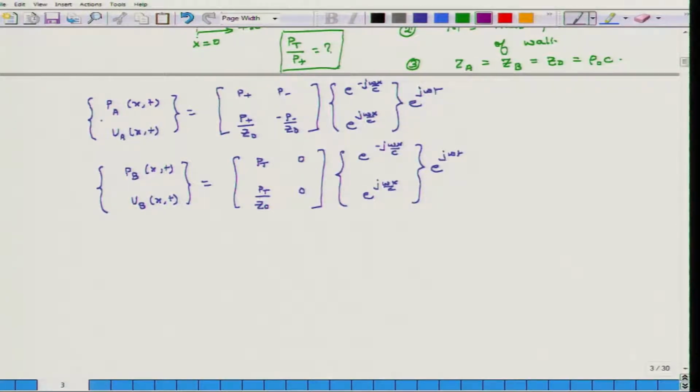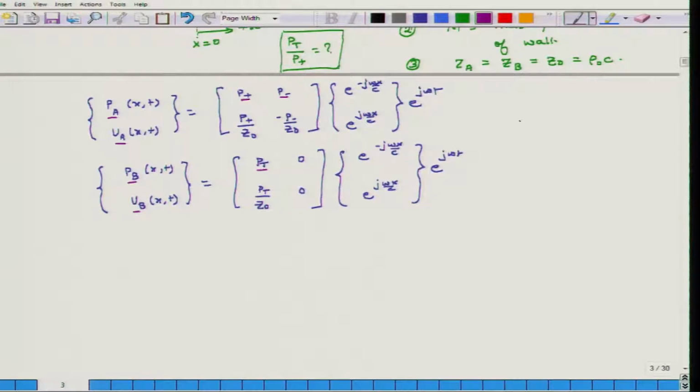So, the first set of equations is for side A, the second set of equations is for the transmitted side. These are a total of 4 equations, and the number of unknowns is, of course, we do not know PA, we do not know UA, we do not know P plus, we do not know P minus, then we do not know PB, we do not know UB, we do not know PT.